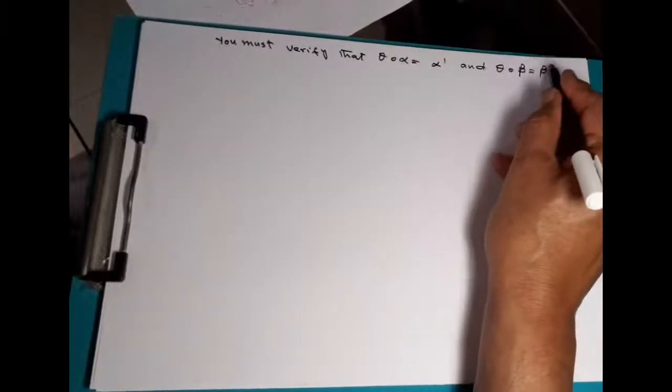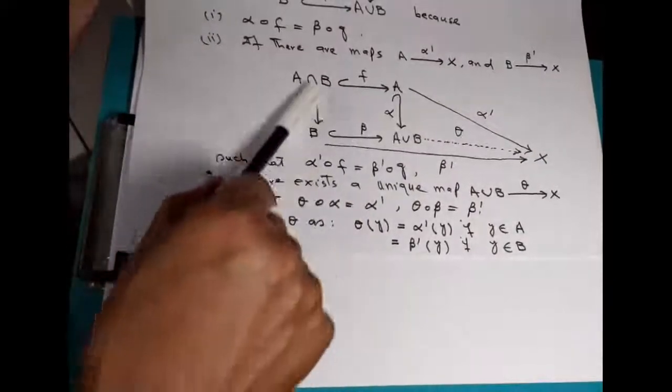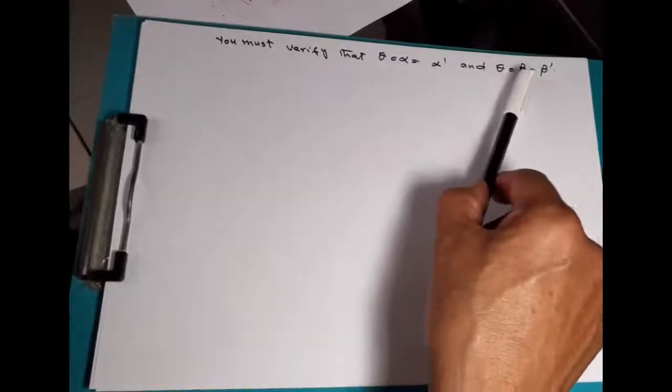It is very simple to do that because your maps are simply inclusions, so you will very easily be able to see that.